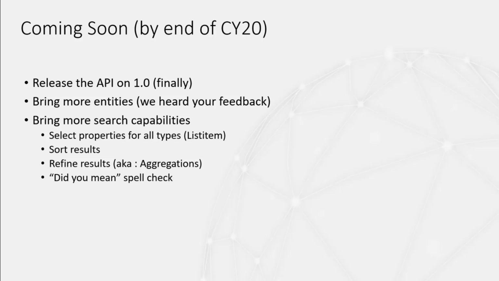So the second piece that we are bringing is more entities. What is coming is we are bringing list items, we are bringing lists, we are bringing drives, we are bringing sites. So there are 4 more entities that are very SharePoint-centric, but these entities are coming.